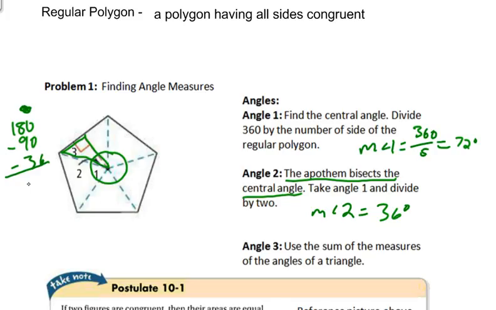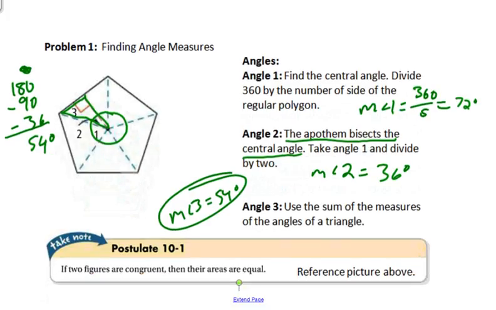That's 90 minus 36, which is 54. So the measure of angle 3 ends up being 54. Now, why do we do this? You may need to find these missing angle measures as we go on.